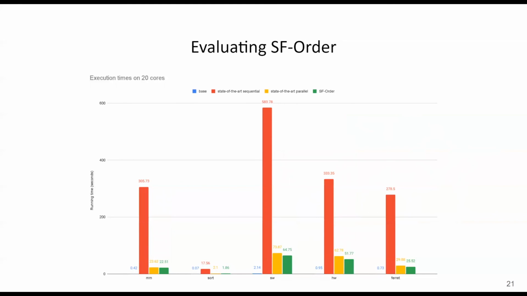And this figure shows the parallel execution time on 20 cores. As we can see, both our algorithm and the state-of-the-art parallel algorithm for general futures beat the sequential algorithm in the parallel setting. And our algorithm performs better than the parallel algorithm for general futures.